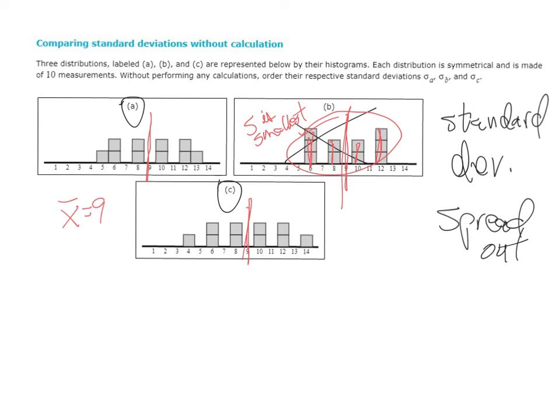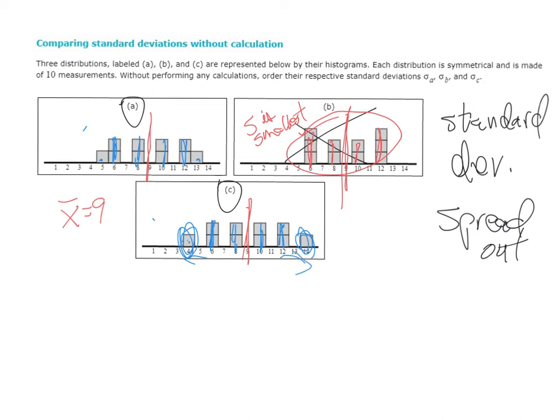Okay? That standard deviation is the smallest. The question is now, between these two, which one's bigger? Which one's more spread out? Well, these are exactly the same, right? The only difference is this block here is a little bit further out than this block here, okay?